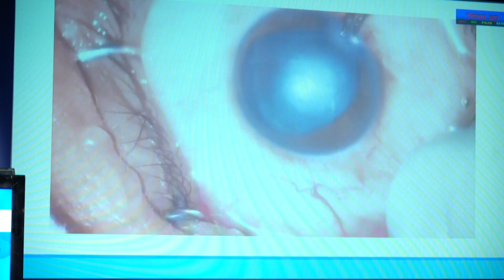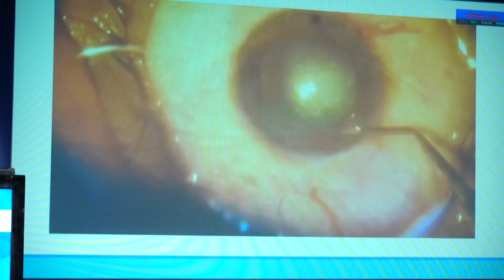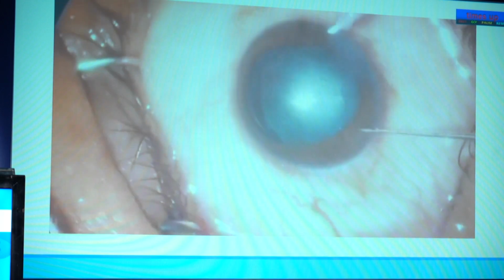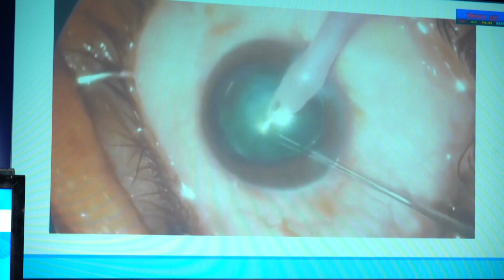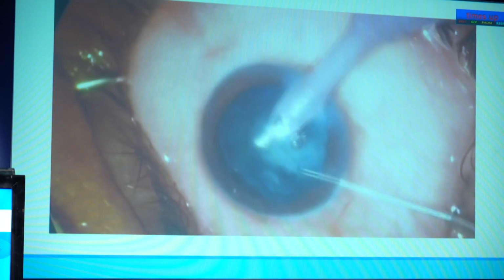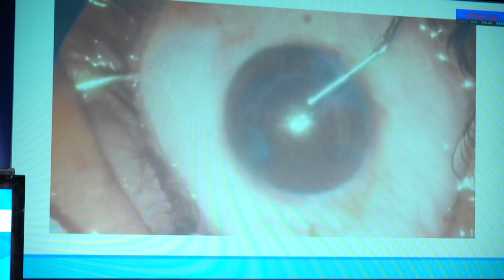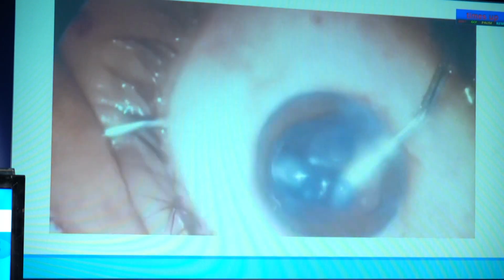CTR is placed before I took out the soft cortical matter. It was not all that hard. You can chop and aspirate without causing any zonular increase in the dialysis of the zonules.